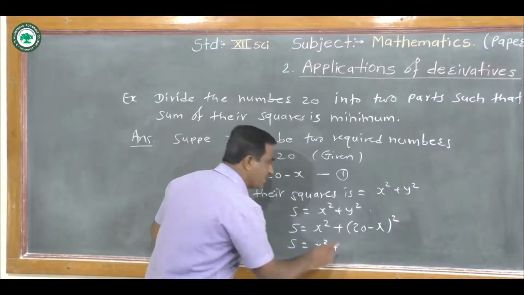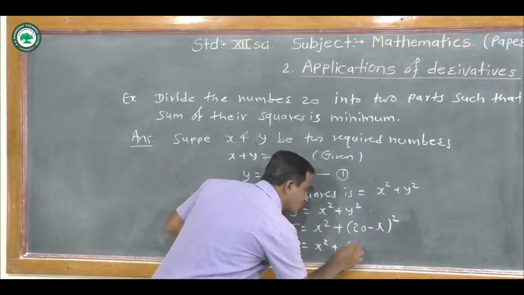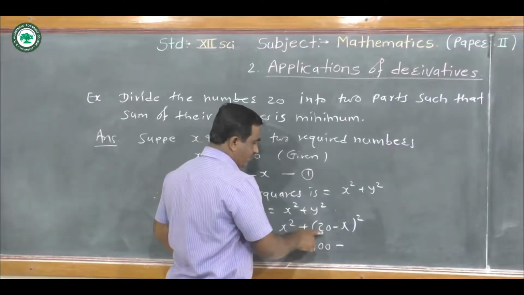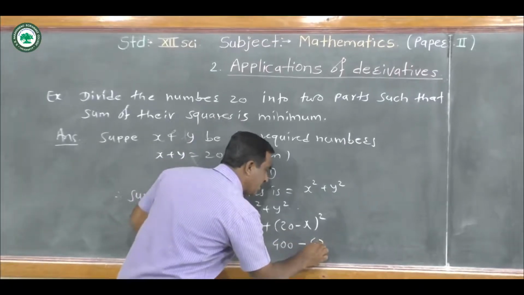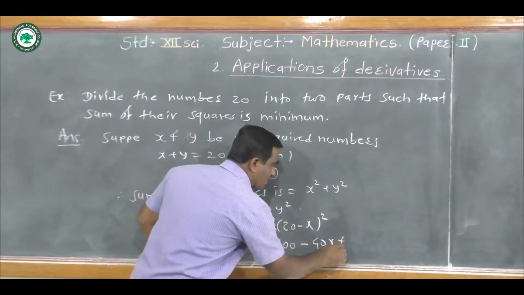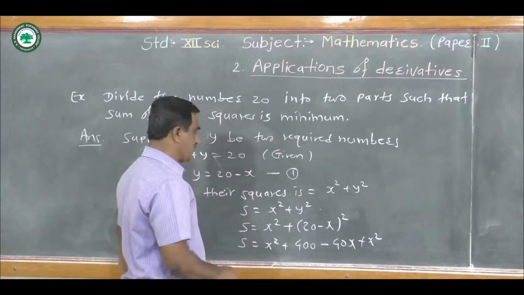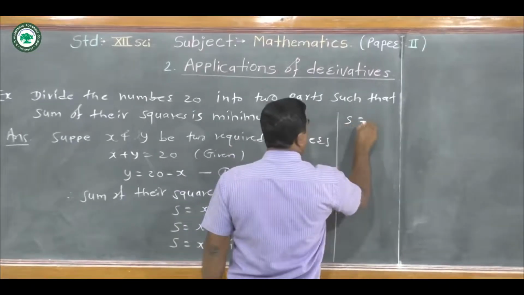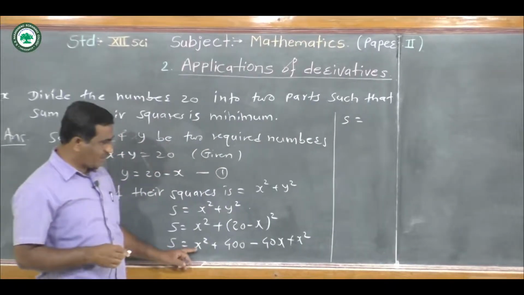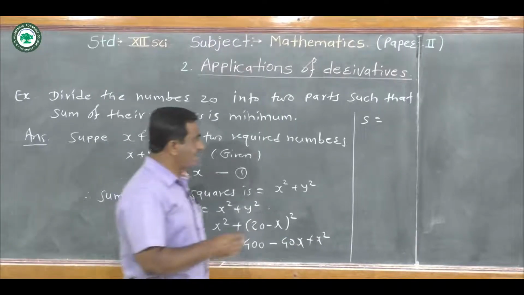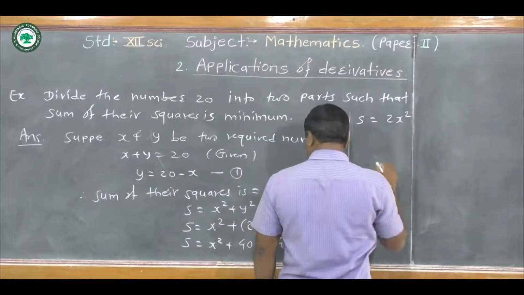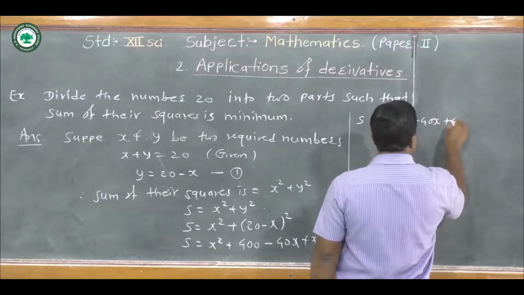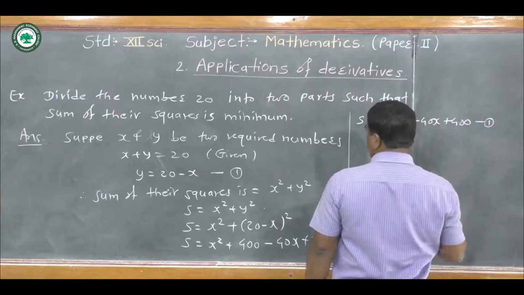Using this formula, a square means 20 square, 400, minus 2 into a into b, 2 into 20 is 40, into x, plus x square. That is S equal to, taking addition of similar terms, x square plus x square, 2x square minus 40x plus 400. Say this as equation number second.